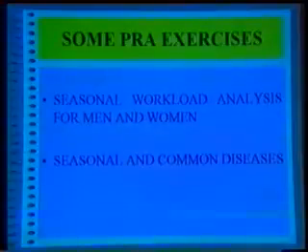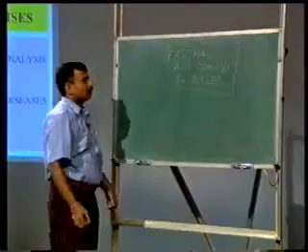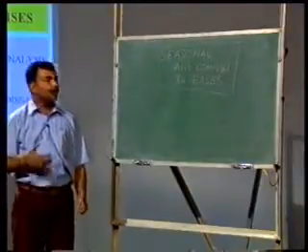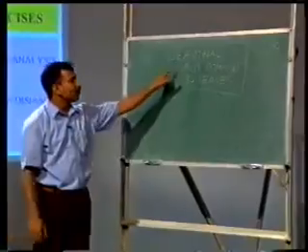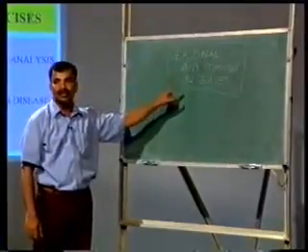Some of the exercises can also be conducted in the areas of health awareness. With a group of men and women, we can find out what the common diseases are which occur in different months.